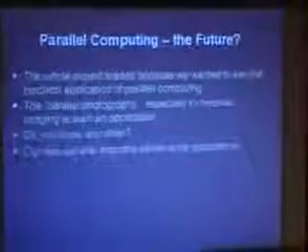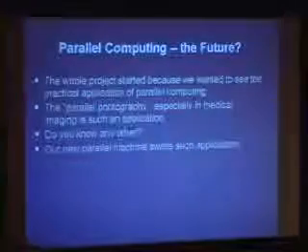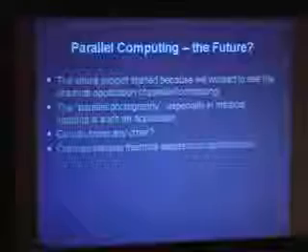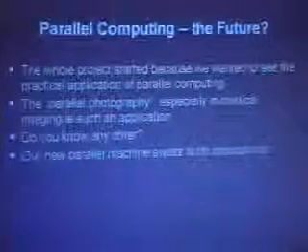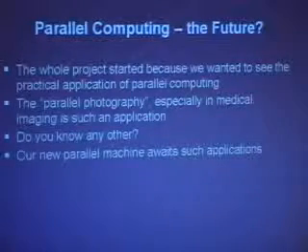Of course, photography itself is an extremely interesting example of an extremely parallel, and I would even say embarrassingly parallel, problem. Because when photons hit the glass or plate or film, they do it completely independently from each other. So photography itself is a parallel enterprise.